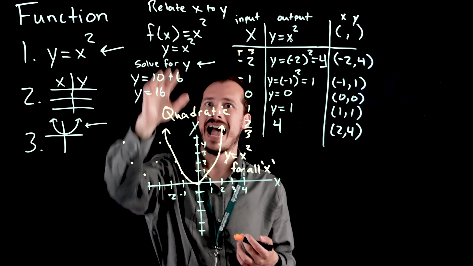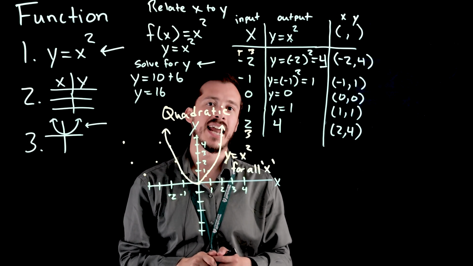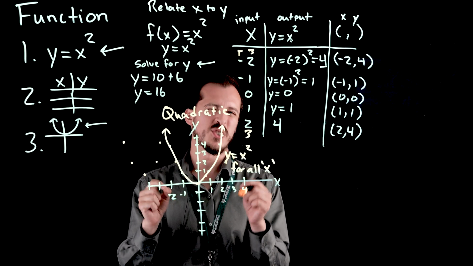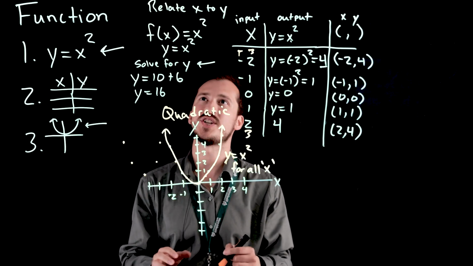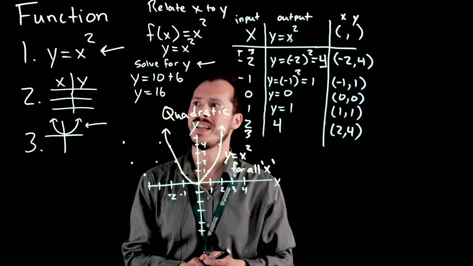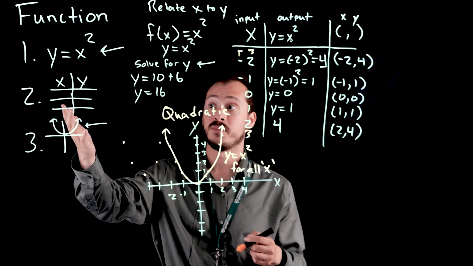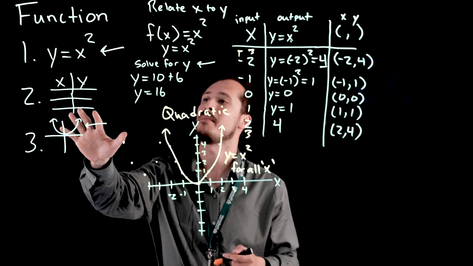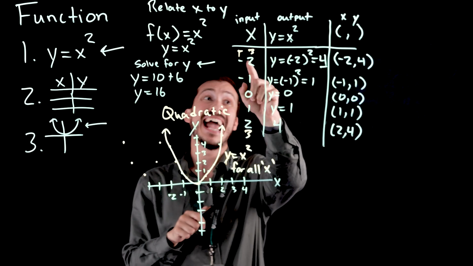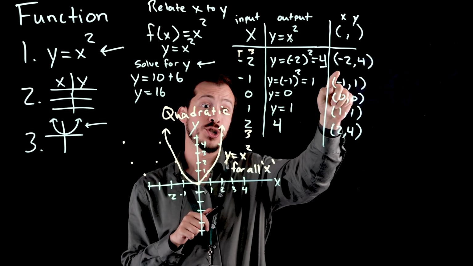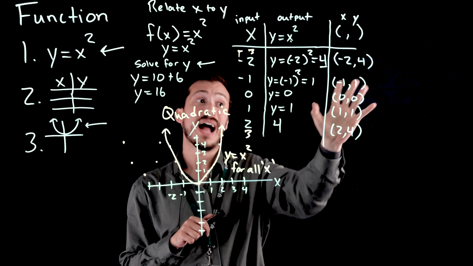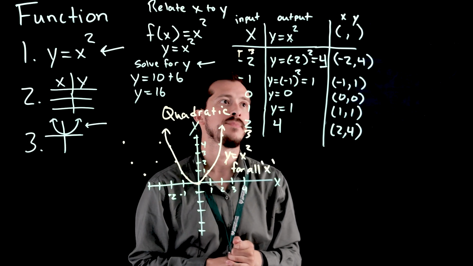So we talked about how a function is really trying to get at how x relates to y instead of trying to solve for a value of x or solve for a value of y, like an equation would be asking you to do. And then we moved into a table view. We said there's another way that we can talk about a function. We can talk about it through building this table and getting a relationship of what x equals and what y equals and how they relate to each other.